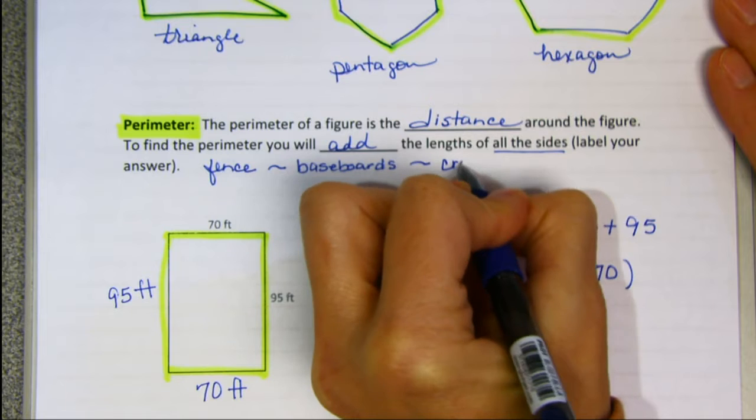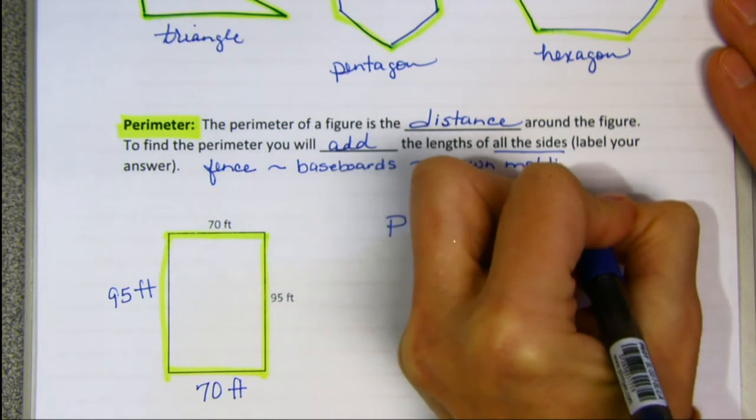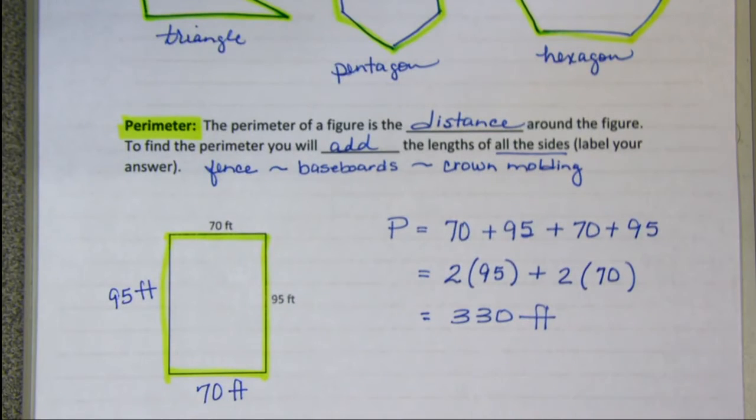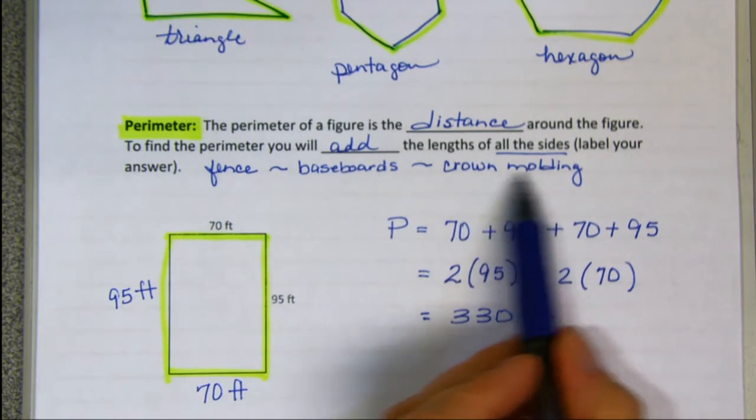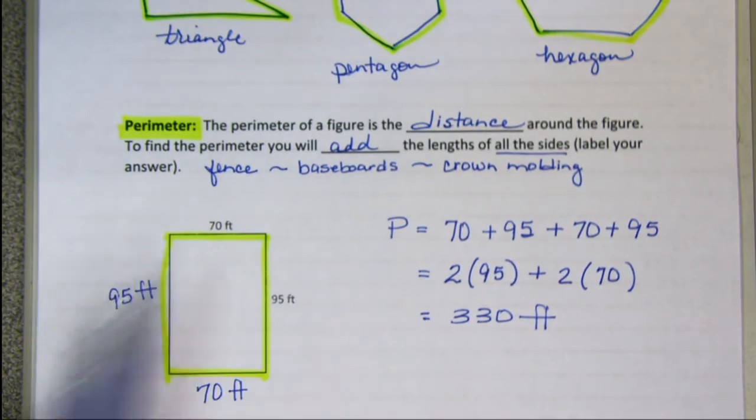Another example would be if you were to install crown molding. Crown molding is a decorative strip that is installed between your ceiling and your wall. So it's what's close up to the ceiling. This is up to or down by the floor. So those are some real life examples for which you would use this. Okay.